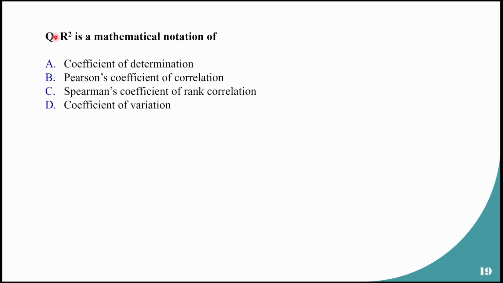So you said coefficient of variation, but that is not the correct one here. It's actually the coefficient of determination. It's the R square value that tries to capture the proportion of variance in the dependent variable of a model, but it's not the coefficient of variation.